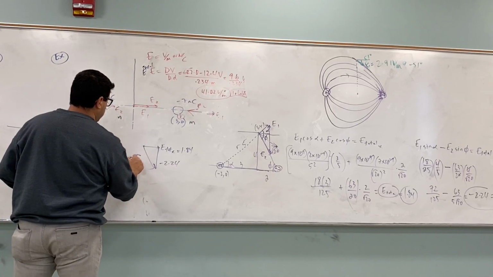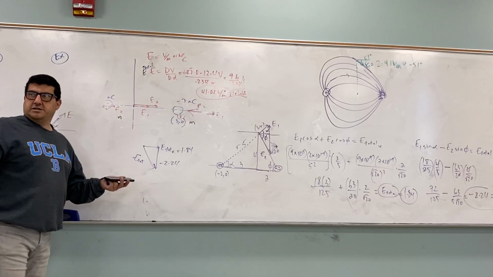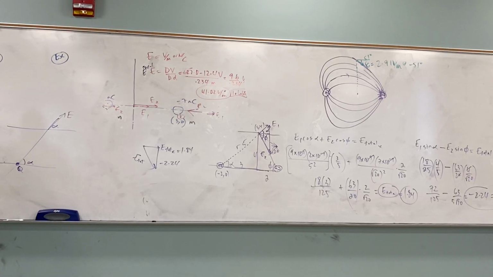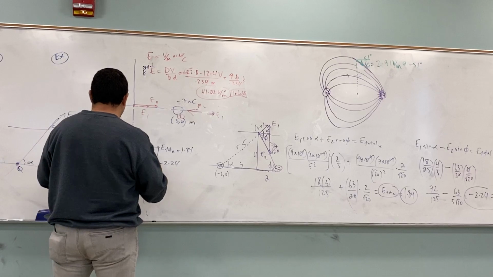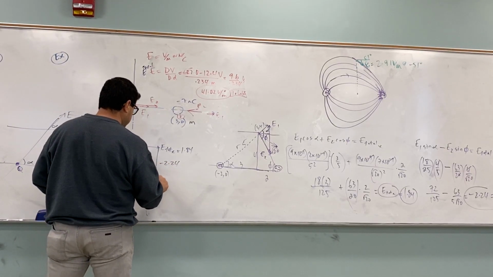Then E total would be this squared and this squared, add their squares and square root them. 1.84 squared plus 2.24 squared, square root: 2.898, which is more like 2.9.